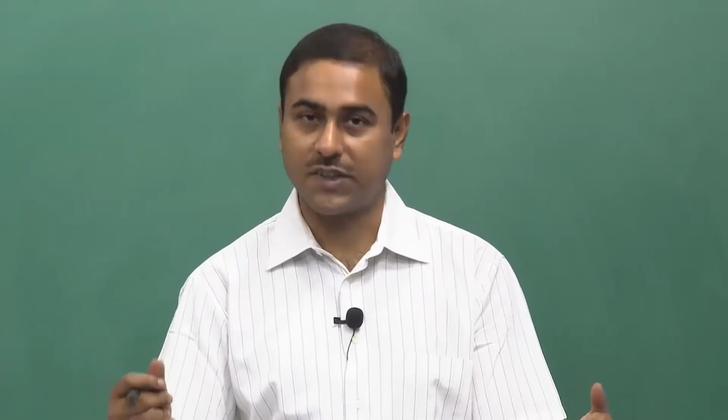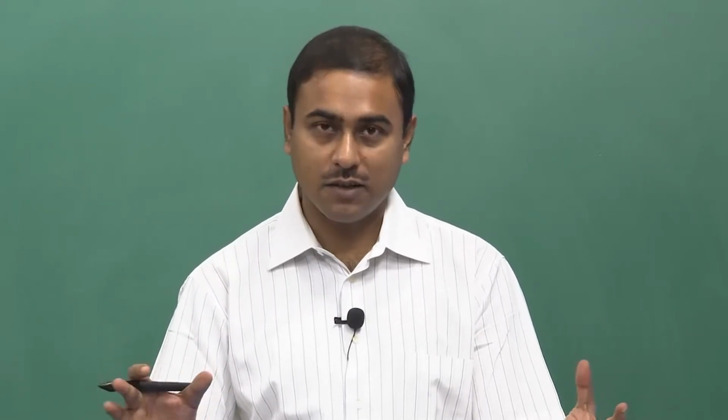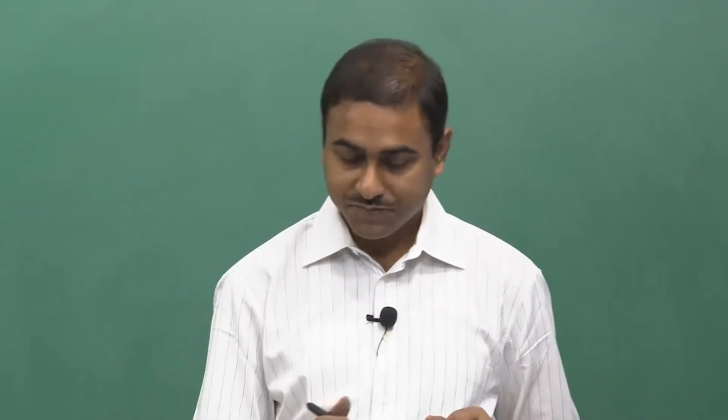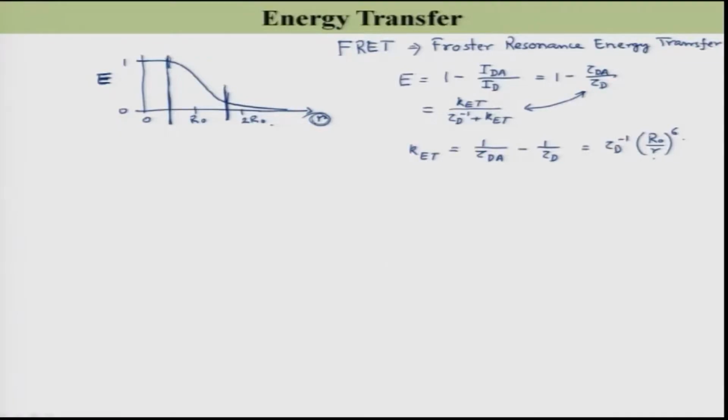So, somebody has to prove it experimentally, right, and that was done by taking a molecule like this. This molecule looks like this: something over here, something over here, some molecular fragments connected with each other, and you put D here and you put A here.